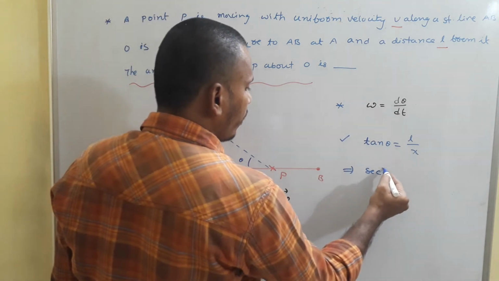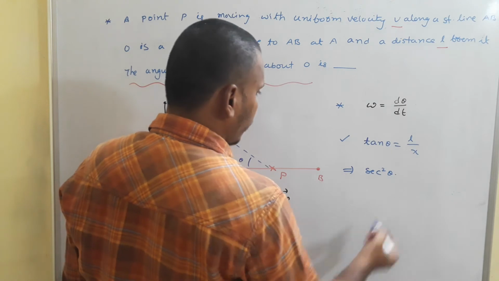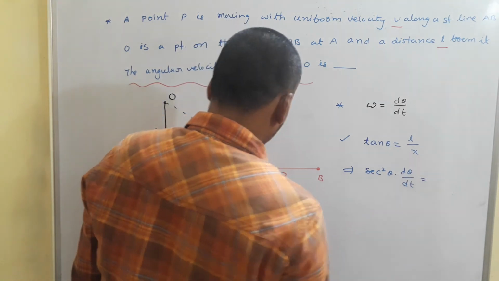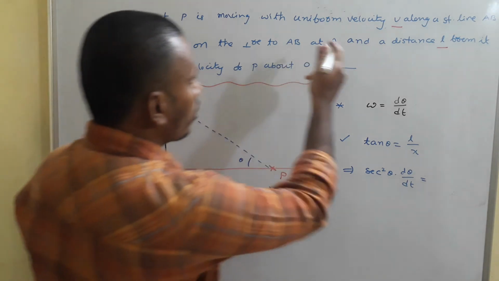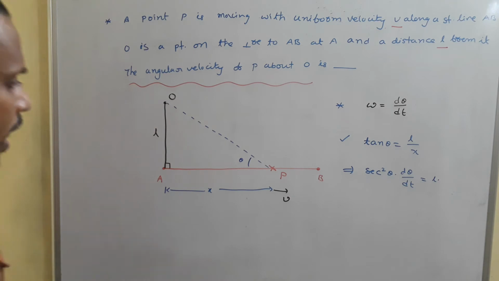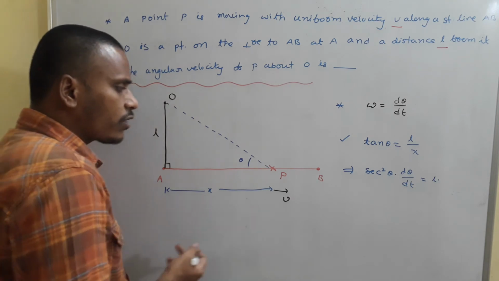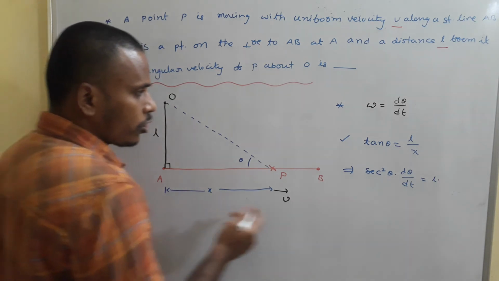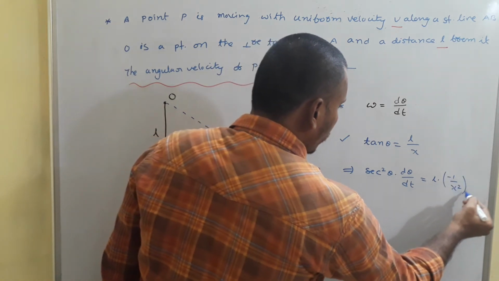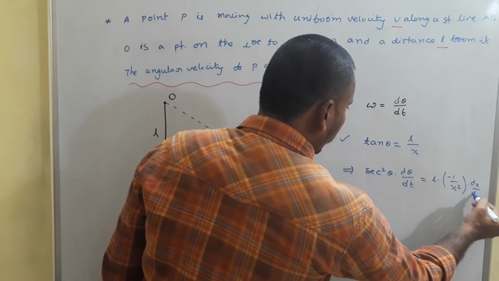If we differentiate, the derivative of tan theta is secant square theta into d theta by dt, which is equal to L, a constant distance, into the derivative of 1 by X, which is minus 1 by X square into dx by dt.